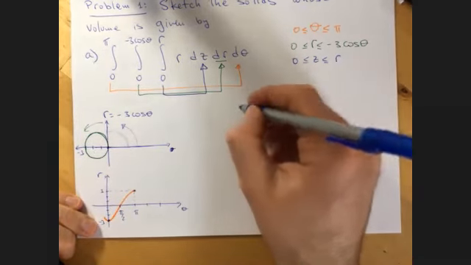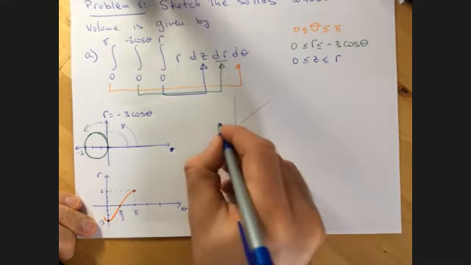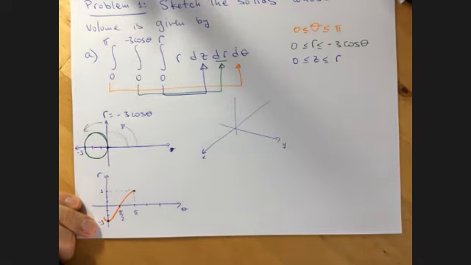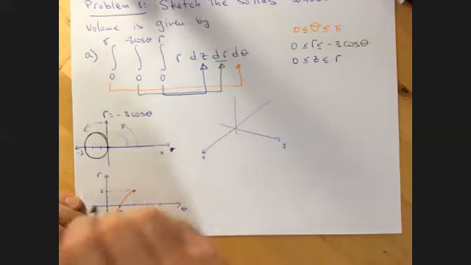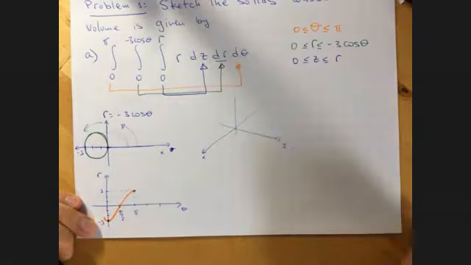So in 3 dimensions, y and here x, okay? So obviously this circle is on the negative side of the x-axis. So basically this circle is right here.